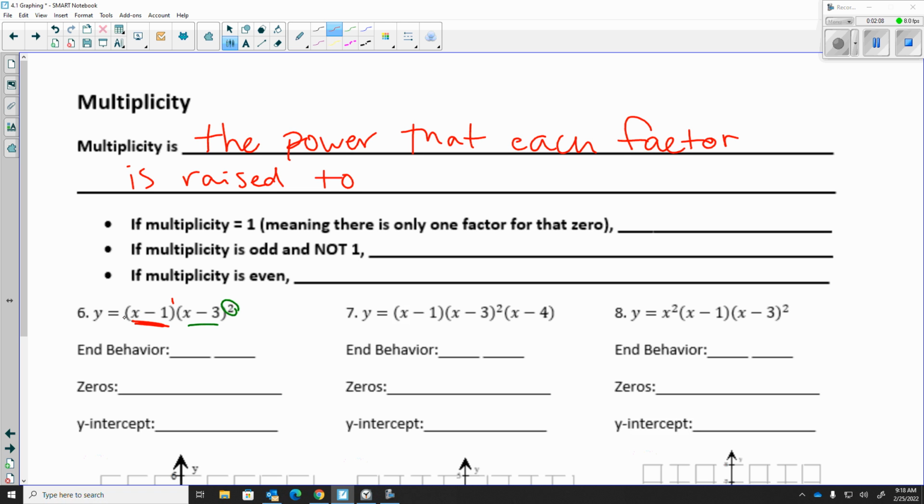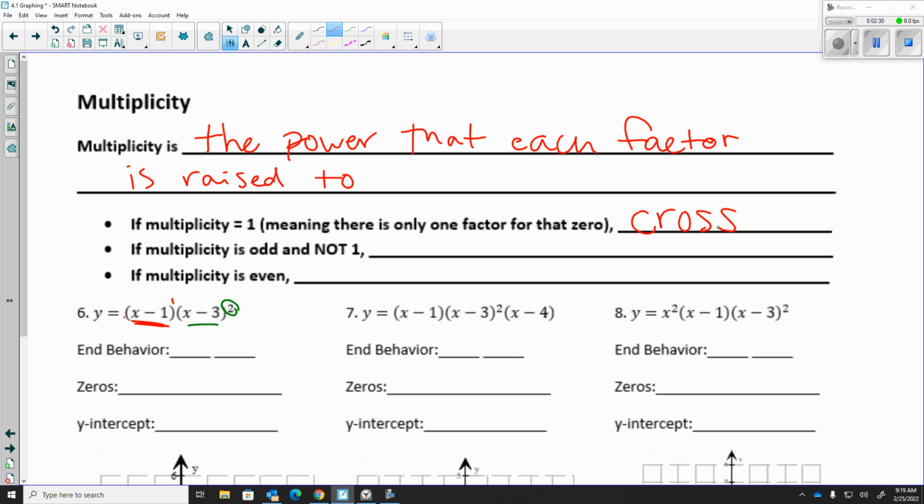And since the multiplicity is 1, the graph is going to cross the x-axis right there.